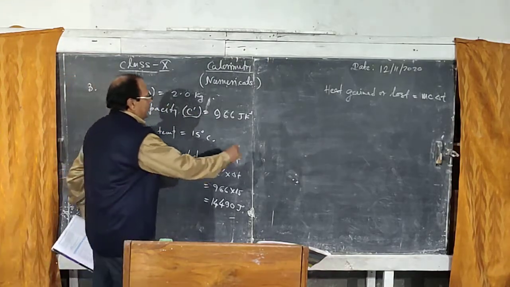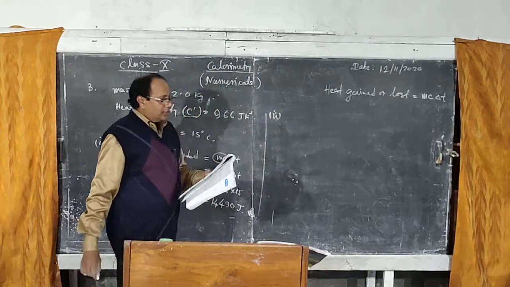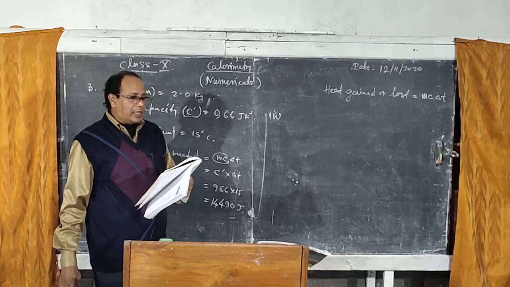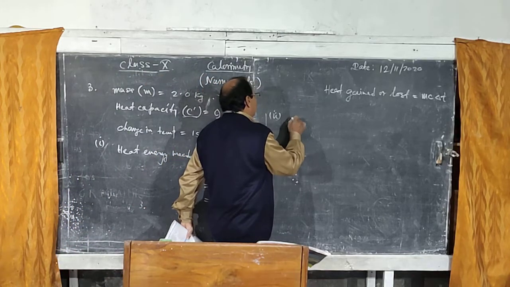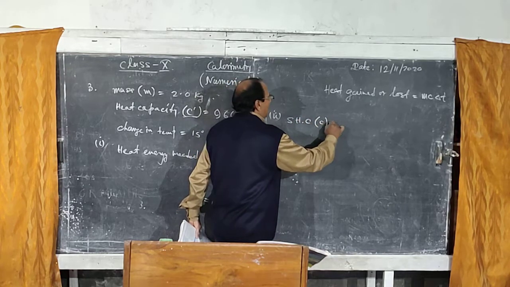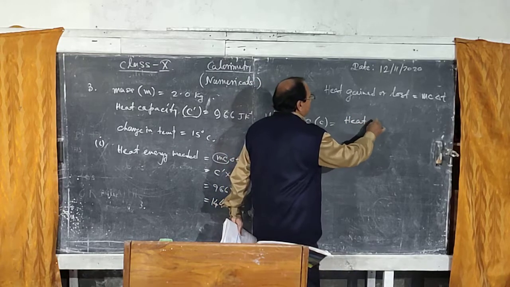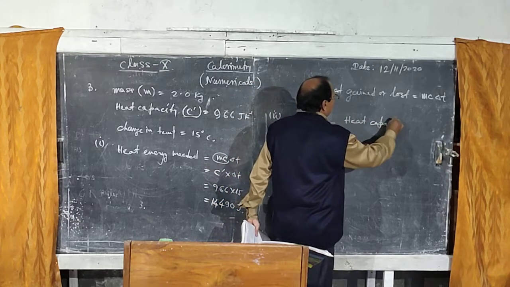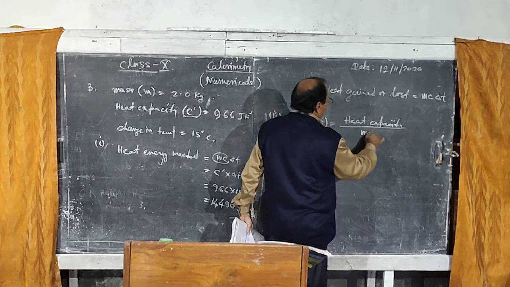Now the second part: we have to find out the specific heat capacity in SI unit. So we will be using SHC, meaning small c, is equal to heat capacity upon mass.